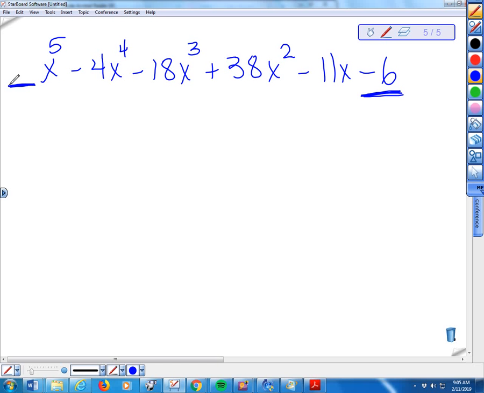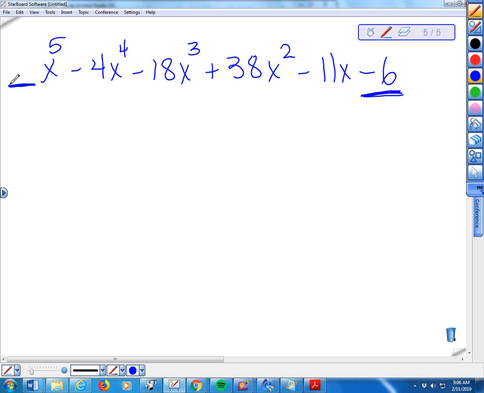In the numerator is all your possible factors of the constant, and in your denominator is all possible factors of your leading coefficient. So looking at -6, what are possible factors of -6? Plus or minus 1, plus or minus 2, plus or minus 3, plus or minus 6.